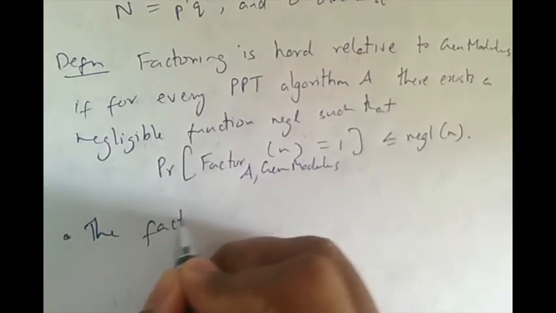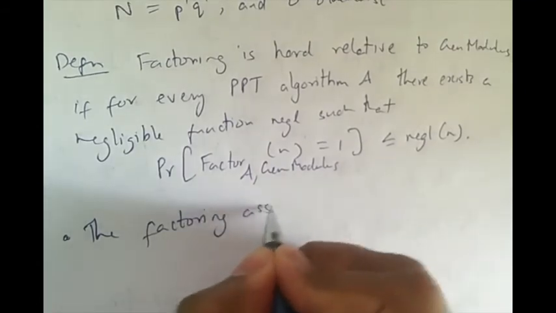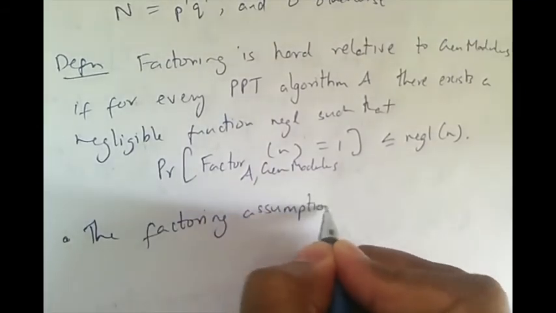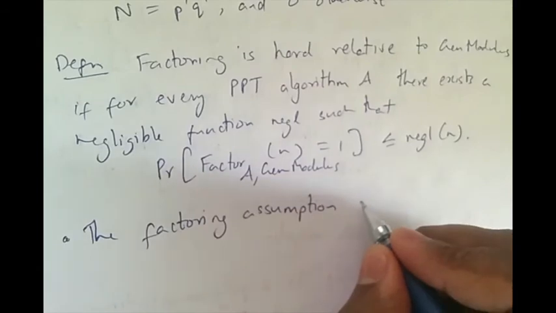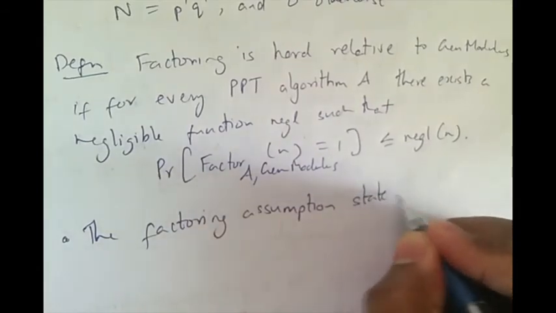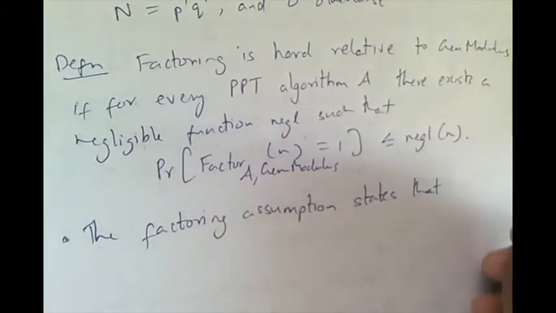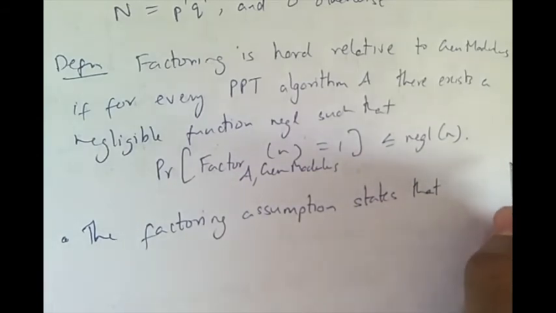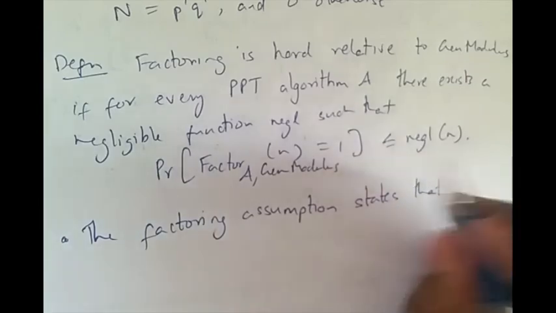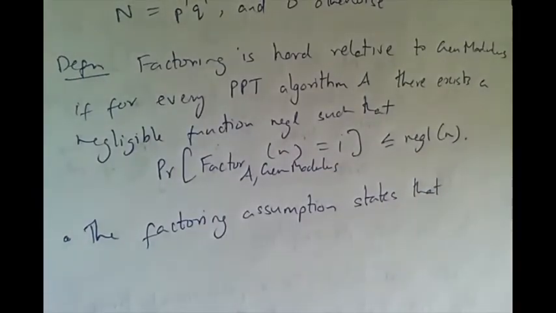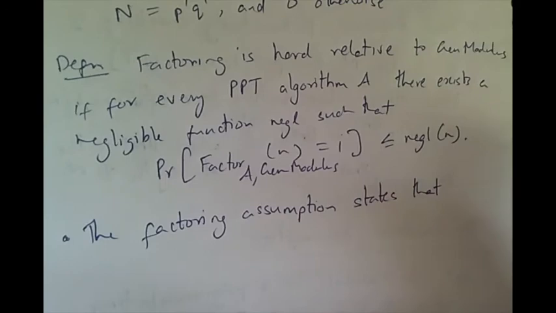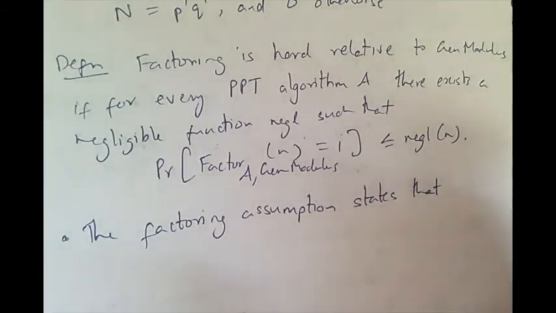So the factoring assumption states that there exists an algorithm which can generate such N's and p's and q's such that factoring is hard for any adversary. If gen modulus gives you primes, then we are basically saying that it's very hard to do factoring.